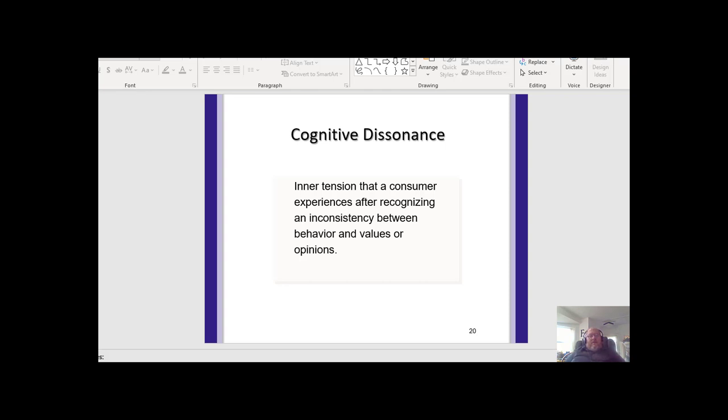In our heads, we have some concept of what it should feel like, but there's some inconsistency between my values, the behavior, and how I actually feel about that purchase. This really takes a lot into consideration when we purchase things.